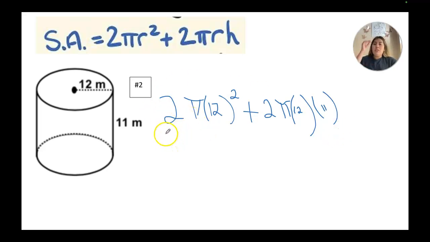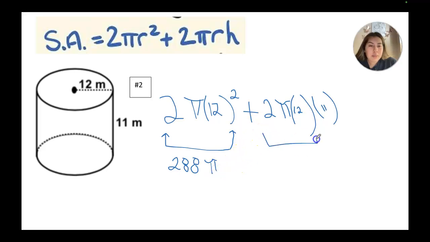So we're going to first solve this part, so we can get our calculator. 2 times 12 squared, which is 288 pi.